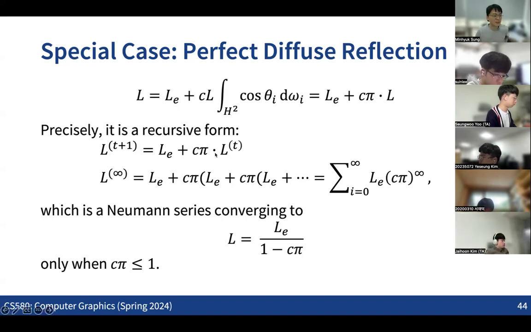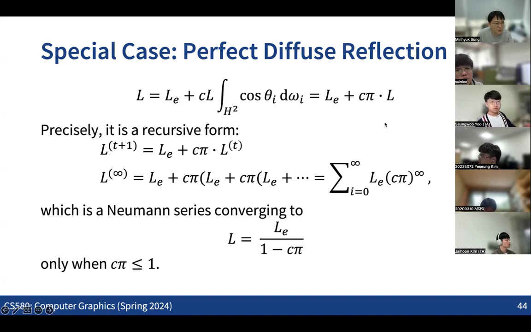We can see that this is the form of the Neumann series, which is taking the sum of this term. This series only converges to a finite number when this term, C times pi, is one or less than one. Otherwise, it will explode.